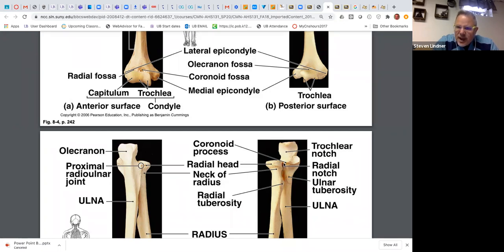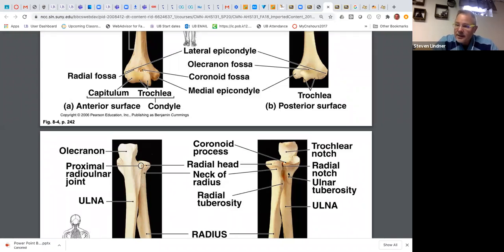This radial notch is on the proximal ulna. It's this concave indentation that allows the head of the radius to perfectly rotate in that concavity. It's perfectly articulated to allow for rotation or supination and pronation.